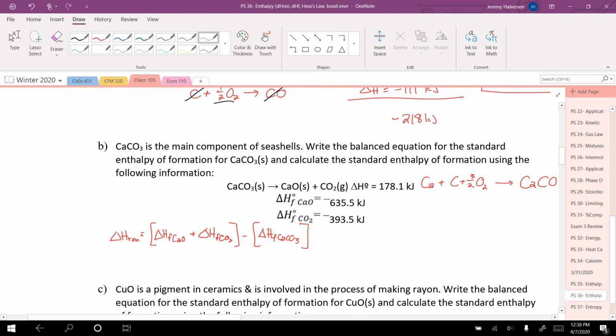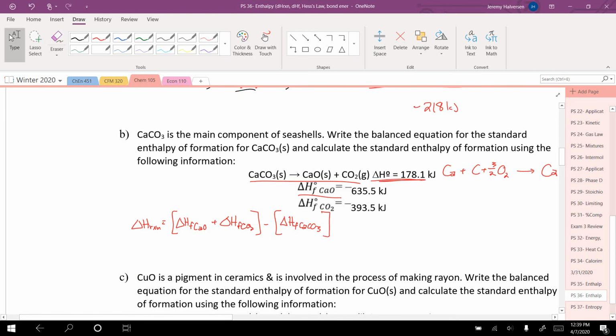They tell us the overall delta H of this reaction. So we know this guy. They give us the enthalpy of formation of CaO and CO2, and they ask for that one. So we are in good shape. We only have one unknown variable, so we can plug things in. The other thing to make sure is each of these enthalpies of formation needs to be multiplied by the stoichiometric coefficient, but they're each 1. So we'll see a situation later where they're not.